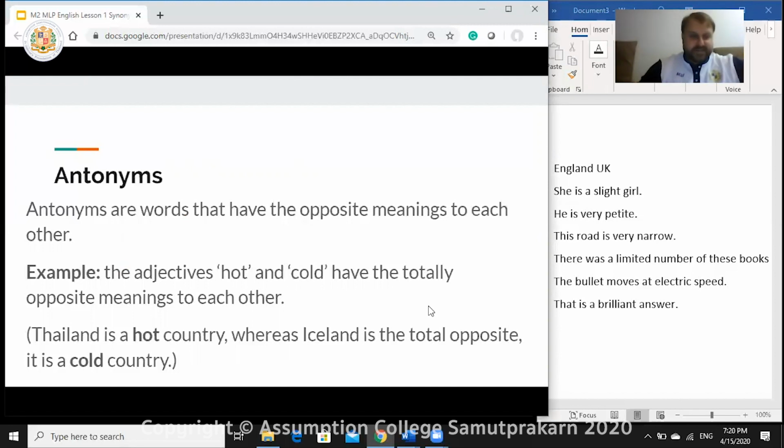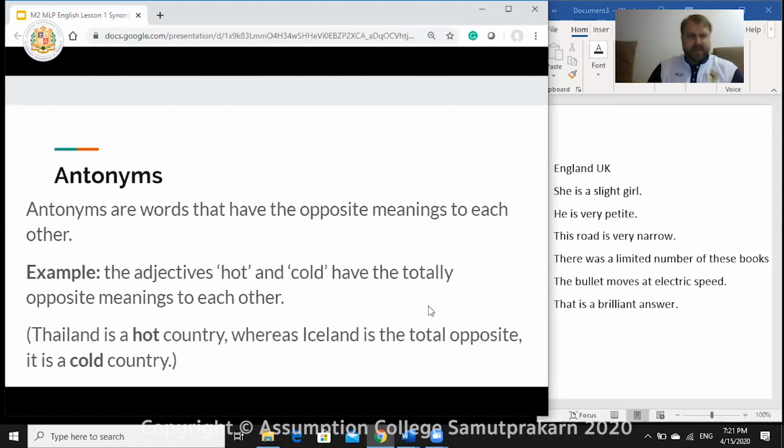We all know that. Think of a country which is very cold, whereas Iceland is the total opposite. It is a cold country. So very hot and cold. These adjectives are antonyms. They have the opposite meaning.